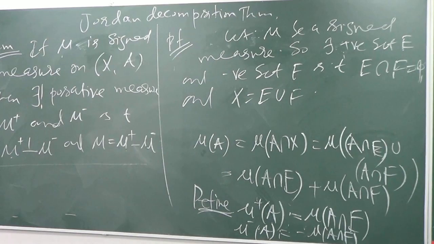And so what we can conclude from it is that if I have mu of A, and since mu of A is equal to mu plus' of A minus mu minus' of A, this must be equal to mu plus' of A entirely.